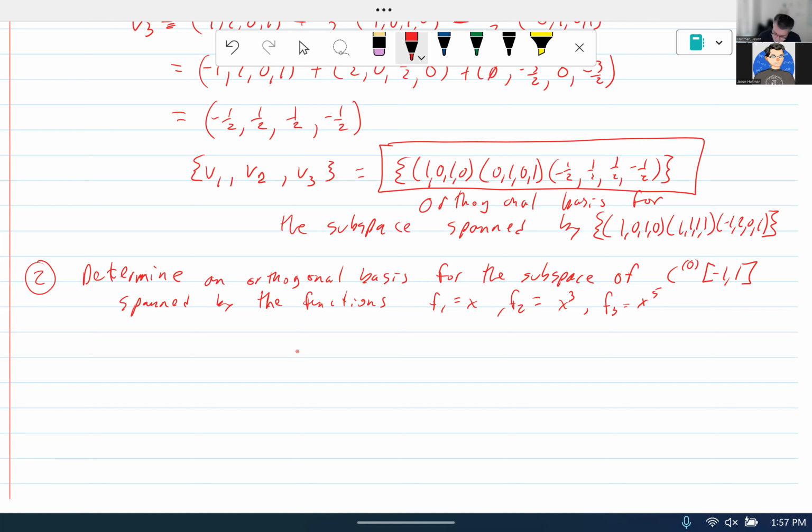The first thing we know is that v1 is equal to x.